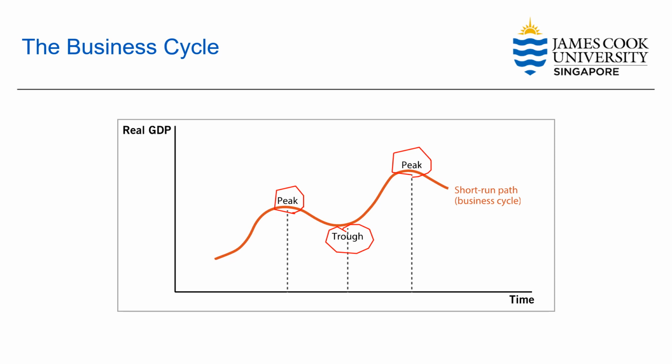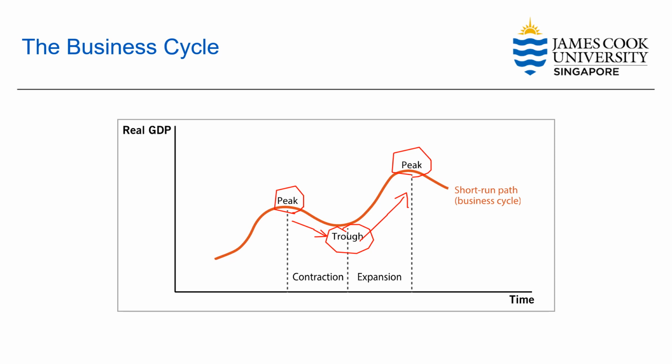And then we can identify when the real GDP per capita is decreasing from peak to trough, our economy is experiencing contraction because we are producing fewer goods and services. Our output level is decreasing. While on the other hand, if you look into the section where our real GDP rises from trough to peak, you can see the real GDP is growing.